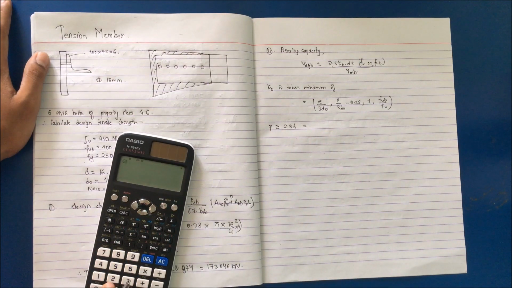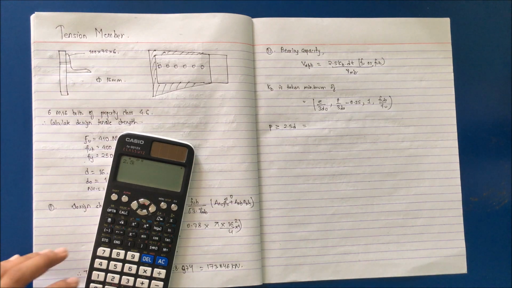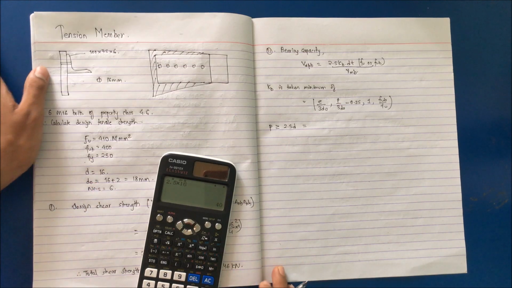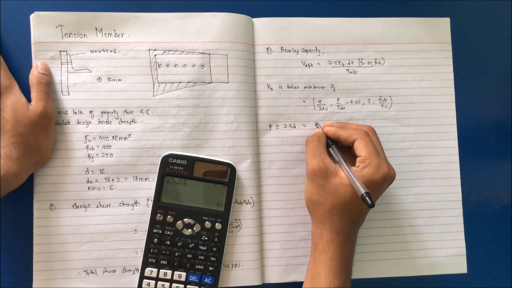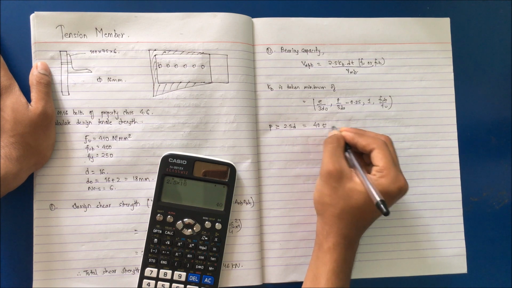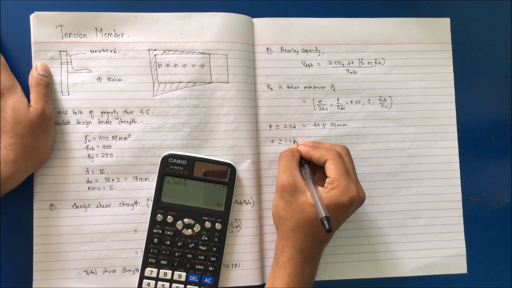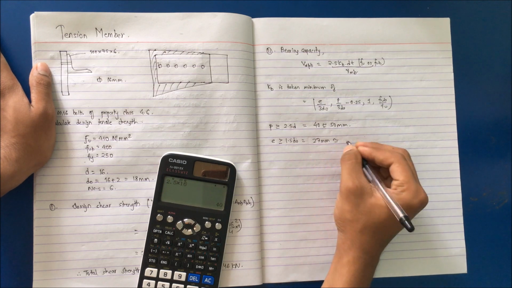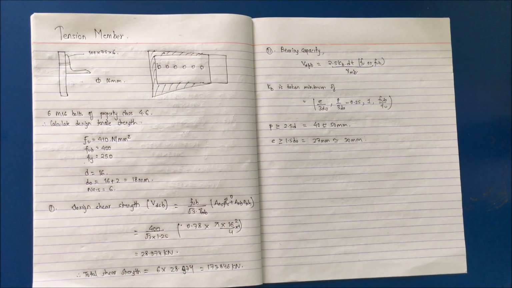So 2.5 times multiply by D 16, 40. Okay, it is 40, and I'm taking as 50 mm, and E should be greater than 1.5 d naught, so which will come as 27 mm, provide it as 30 mm. Okay, so this is the pitch and end.